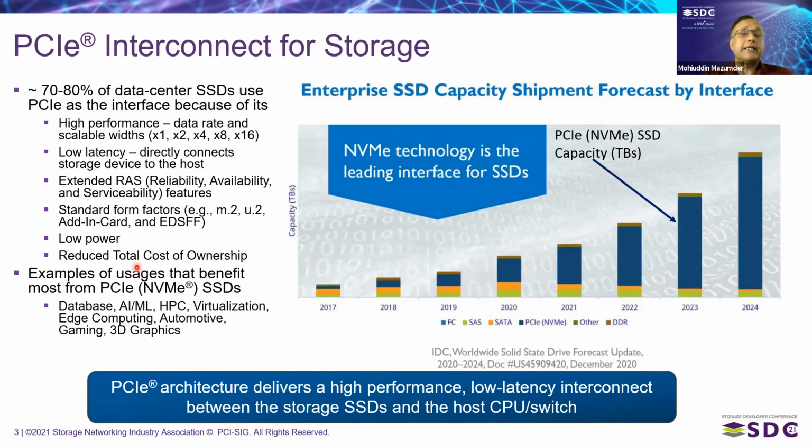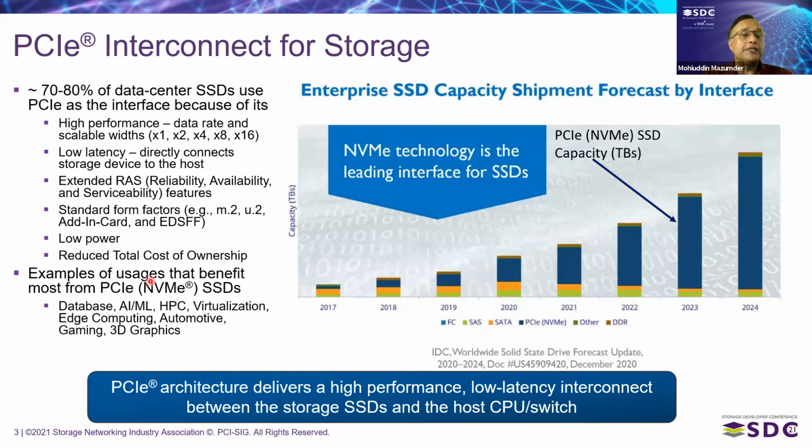Examples of usages that benefit most from PCIe NVMe-based SSDs are database, AI and machine learning, HPC, virtualization, edge computing, automotive, gaming, 3D graphics. Many of these applications need basically all of the aspects of PCI technology, mainly low latency, high bandwidth, and faster speed.